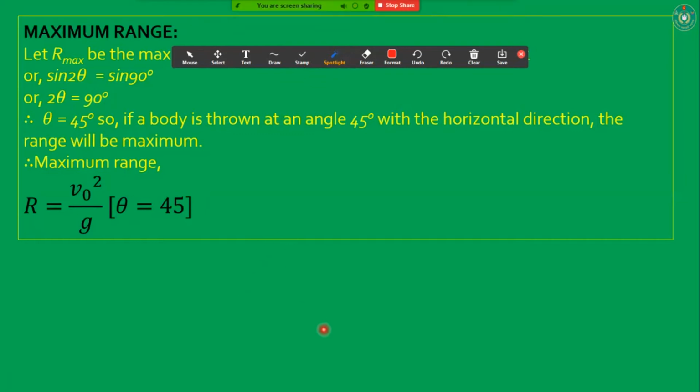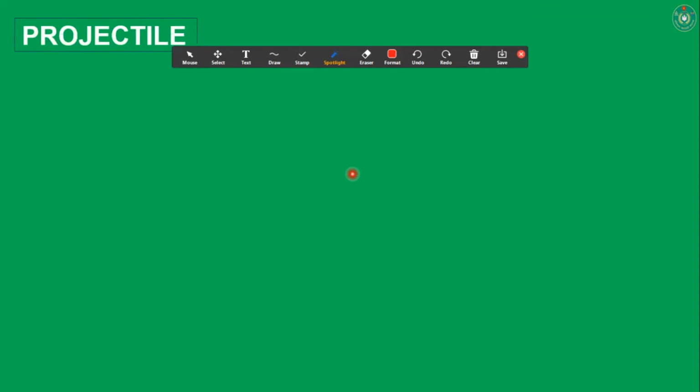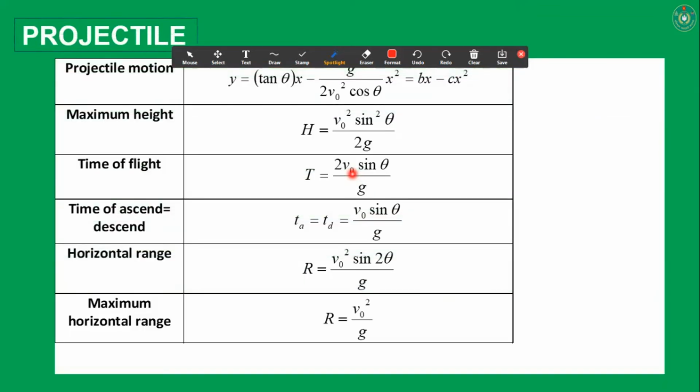So let's see some mathematical problems, and I think this problem will make the application of projectile motion clear. Before discussing the projectile-related mathematical problem, I would like to discuss an important equation that I have elaborated here. y is equal to x tan theta minus g x square over 2 v naught square cos square theta.